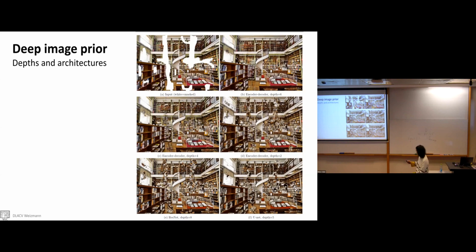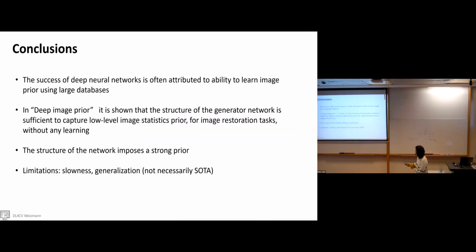This is the ResNet, which is somehow different from their architecture, and it's not very good. And this is UNet, not enough. So this is the best result with depth equal to 6, and it's degraded when the depth is equal to 2 or 4.